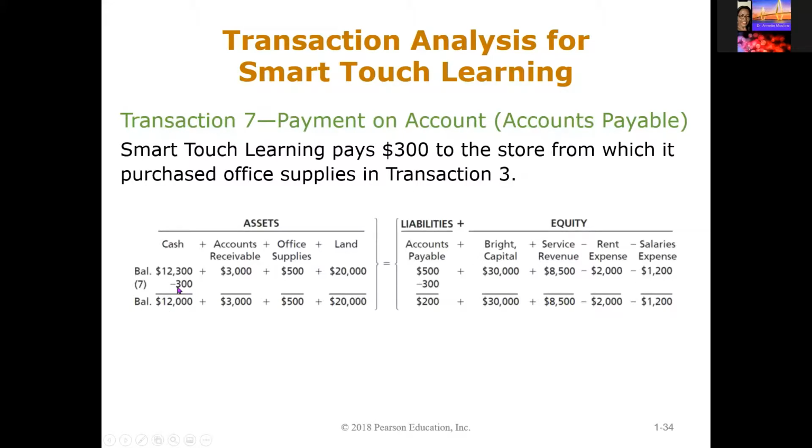And you'll see there's $3,000 here in accounts payable, where it's reducing the liability. So at the beginning was $500. Now the liability is $200. That's the remaining balance on account. You have your equity, capital, service revenue, rent expense, salary expense.